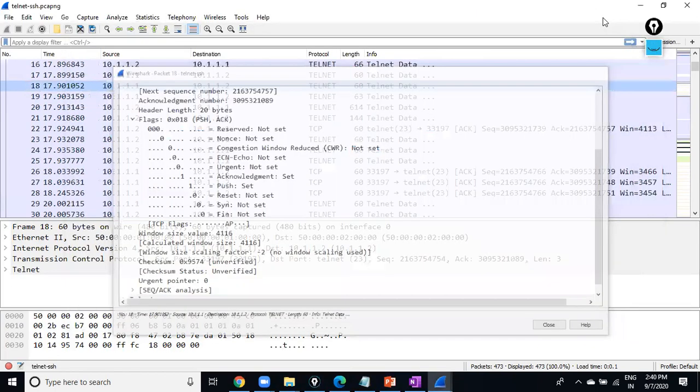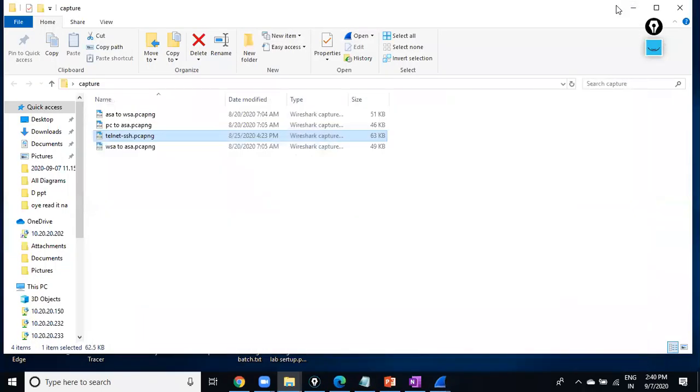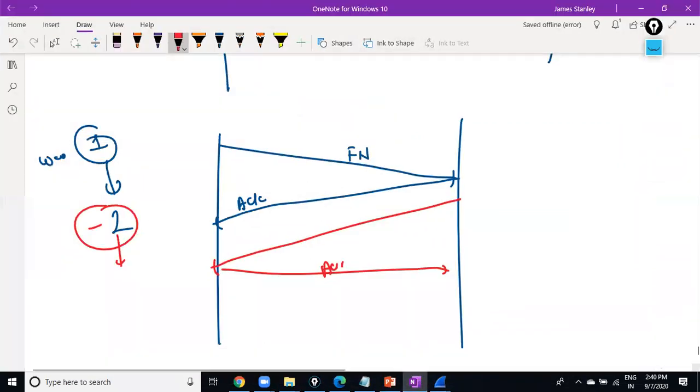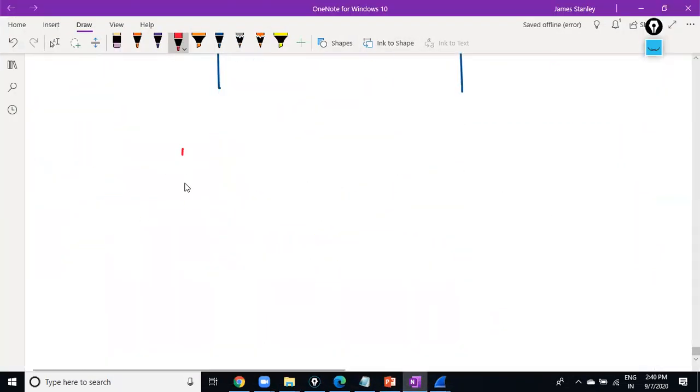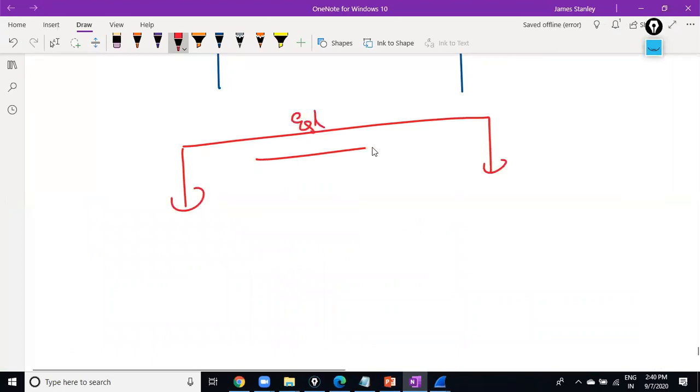What is the meaning of reset? Actually, the reset flag is used to indicate a connection problem, something unexpected. Let's consider your connection is established and your data transmission is going on. You are sending the data, then you are getting the acknowledgement.